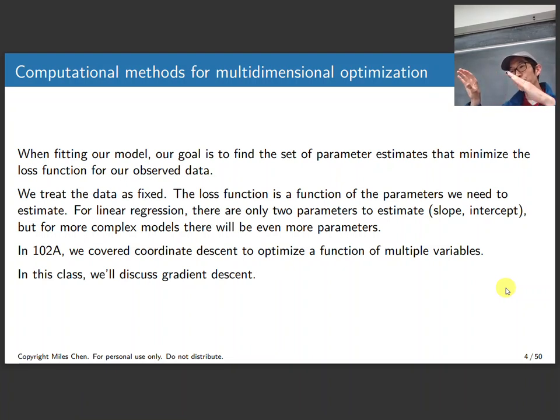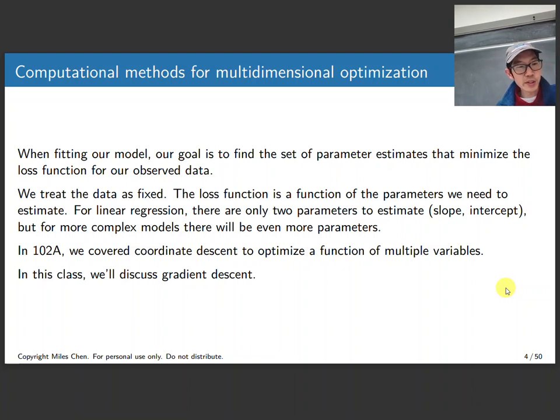We're trying to find the slope and intercept, or whatever the weight terms are, so that this function that calculates the differences between the actual data values and our line is minimized.